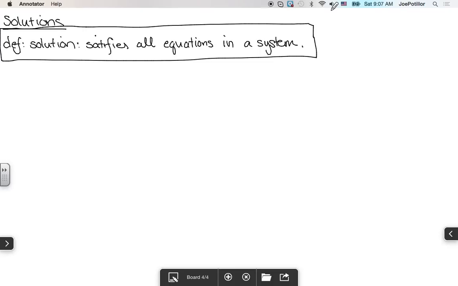You'll recall these definitions from algebra. You'll recall what a consistent solution is. You'll recall these terms consistent and inconsistent.